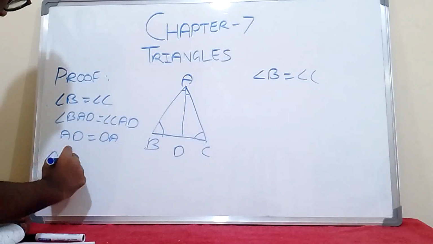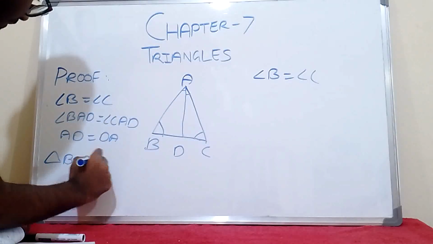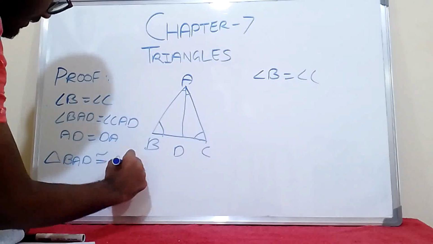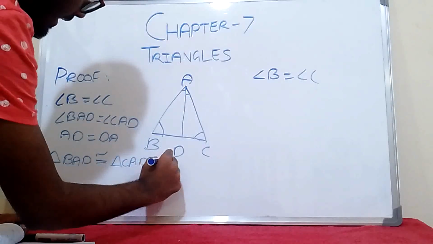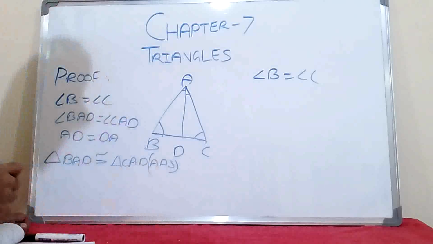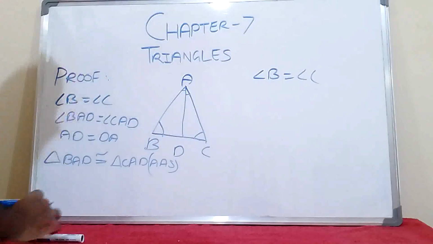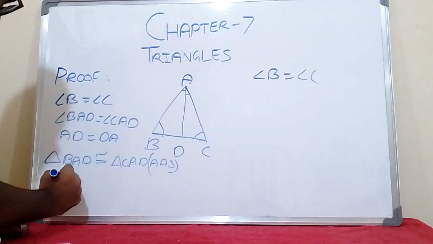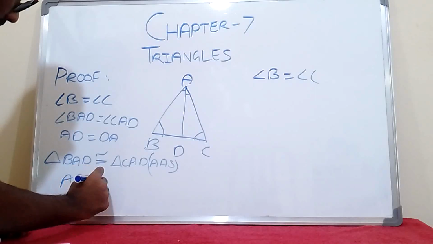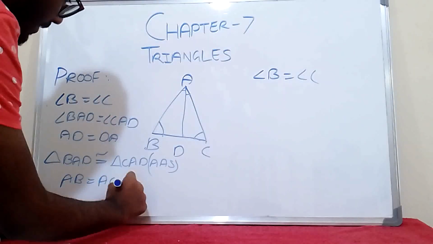So triangle BAD is congruent to triangle CAD using AAS. And similarly, we can also write that AB is equal to AC using CPCT.